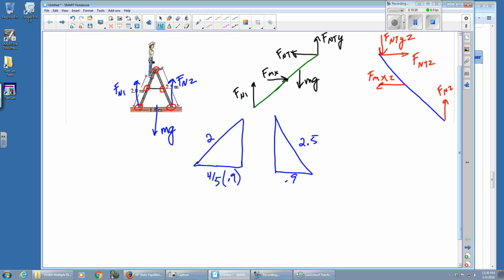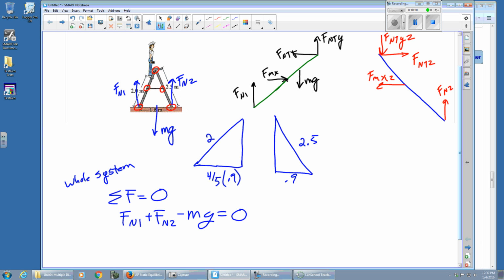So I'm going to do two things over here. Let's see. I'm going to do the sum of the forces equals 0. And this is going to be for the whole system. And so that's going to be that Fn1 plus Fn2 minus mg equals 0.